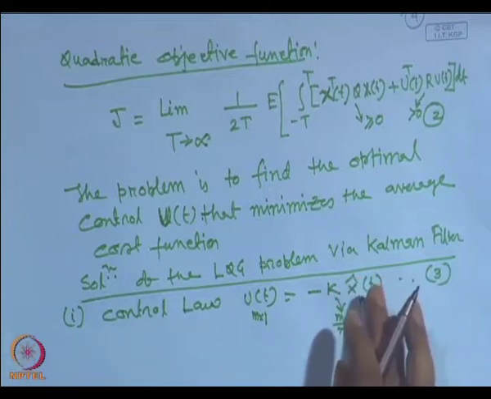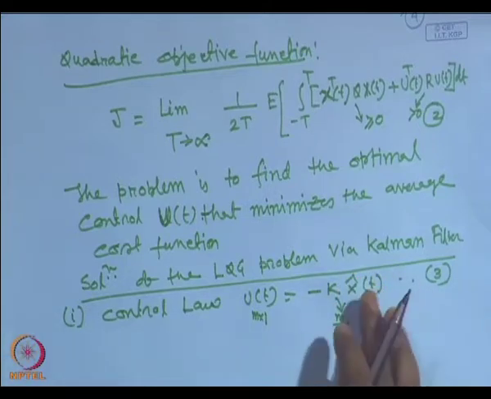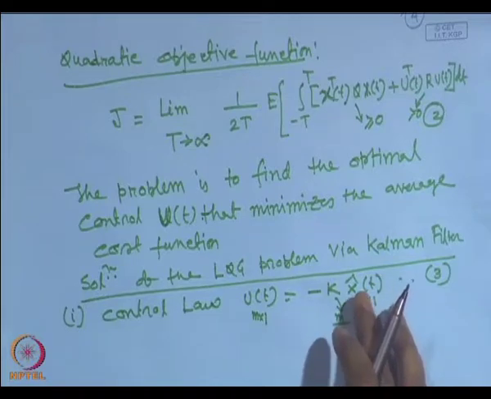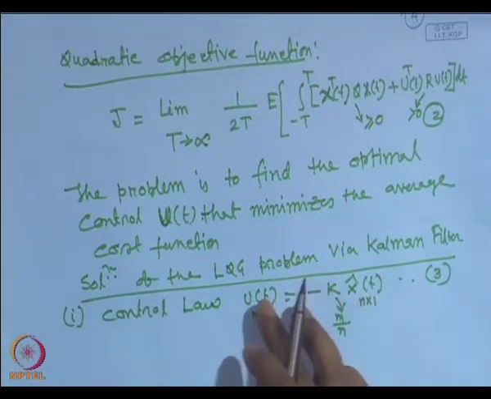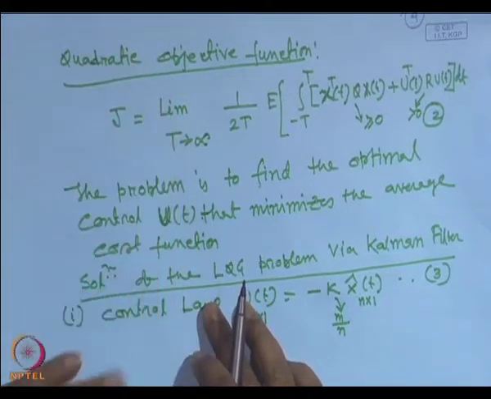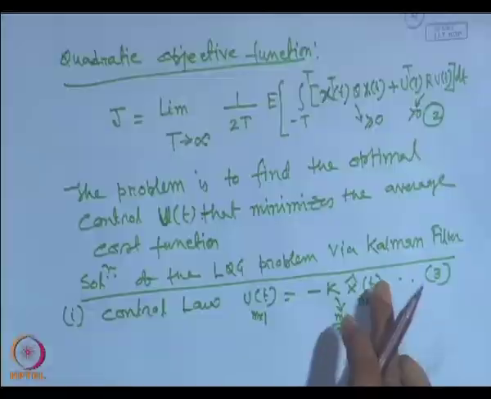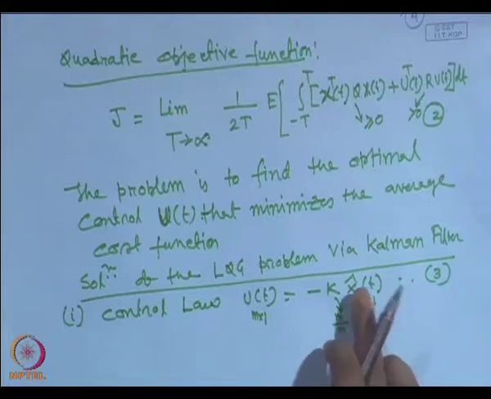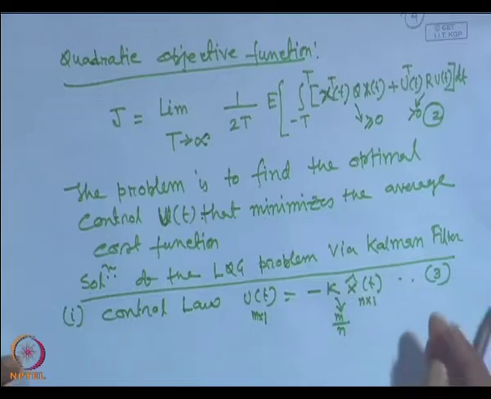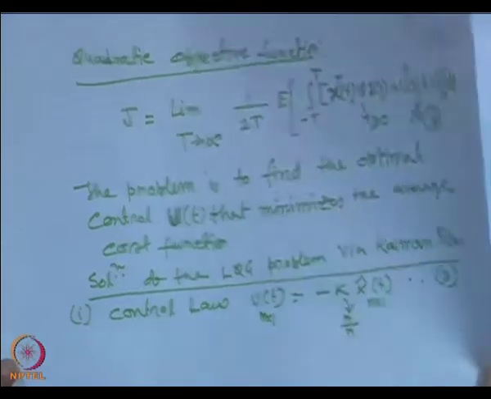In the LQR problem, we assumed that all the state variables are accessible to us, to be used for implementing the control law. Whereas in the stochastic environment or LQG problem, the states are not accessible or measurable. So, we have to estimate the states, x hat of t. How we estimate the state, we will discuss step by step now.